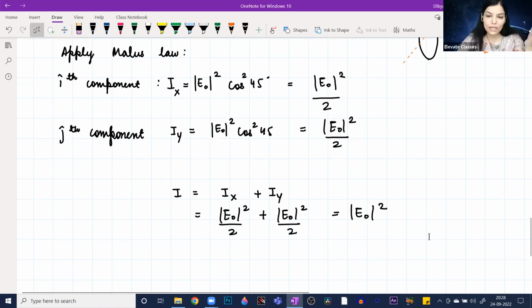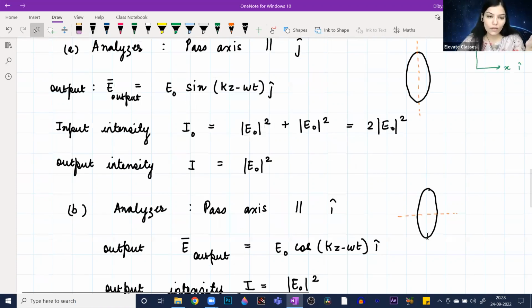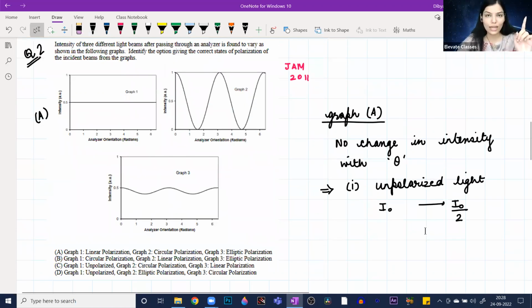So that means the curve shown in graph number 1 is also true for a circularly polarized light. If I take circularly polarized light, we can visualize it like an unpolarized light. It is up to us what x and y axes we want to choose for a circularly polarized light.